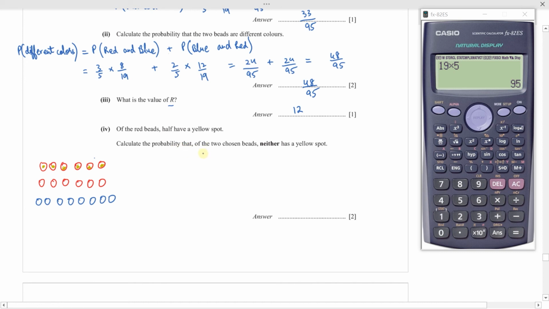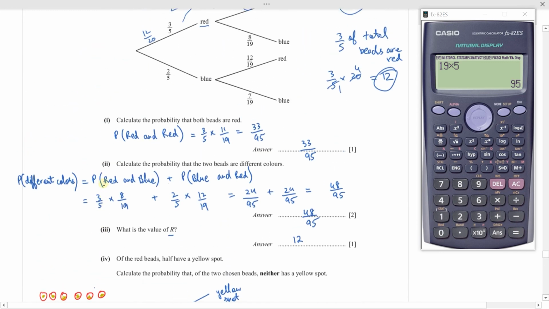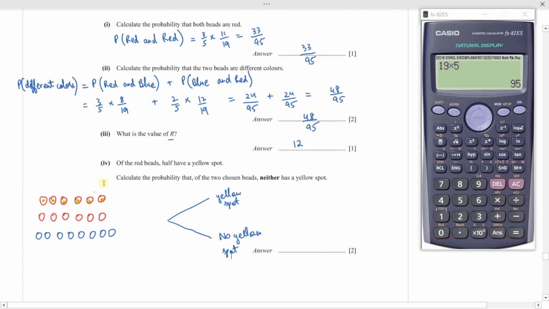Now you have to calculate the probability that the two chosen beads neither has a yellow spot. So you have beads that have a yellow spot, and then you have beads that have no yellow spot. So we are not concerned with the colors anymore. We are only concerned with whether they have a yellow spot or not.